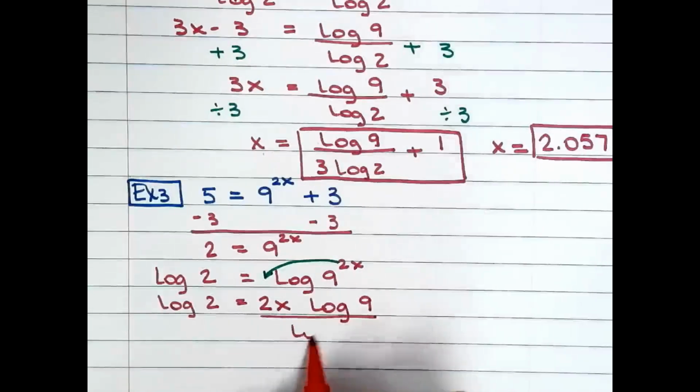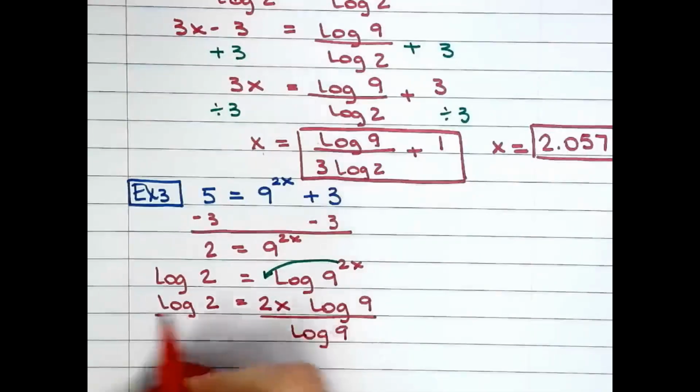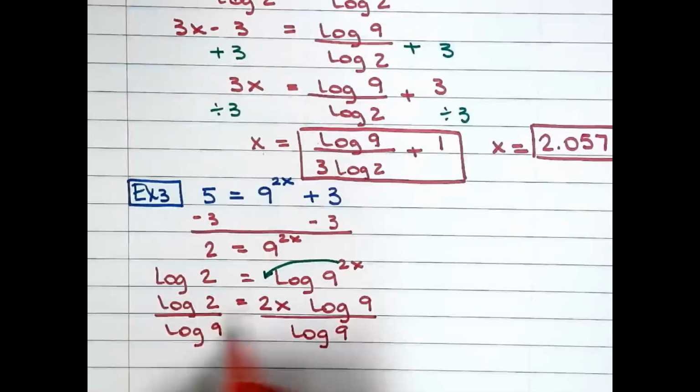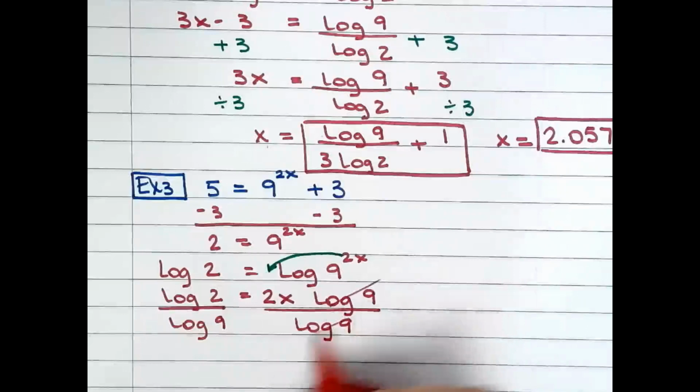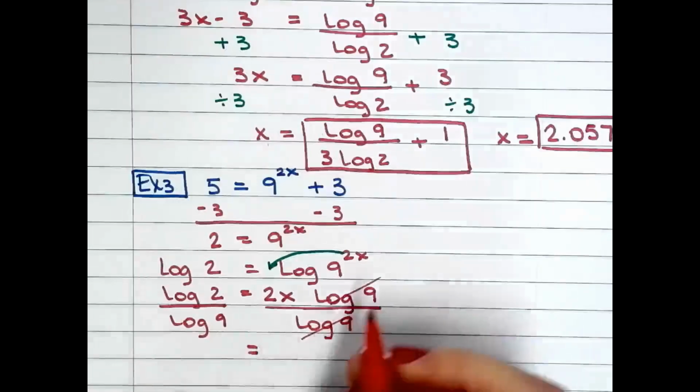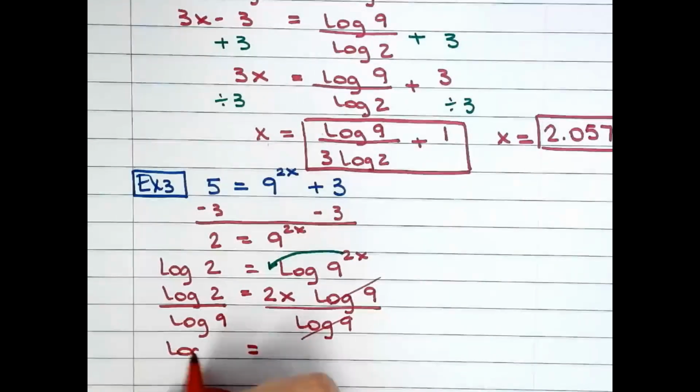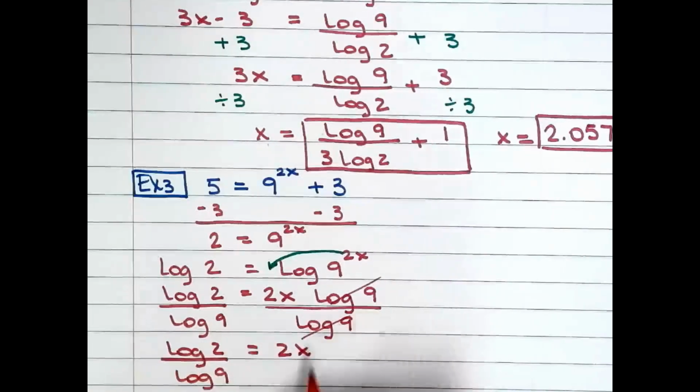Divide both sides by log of 9. This is 1. So log of 2 over log of 9 equals 2x.